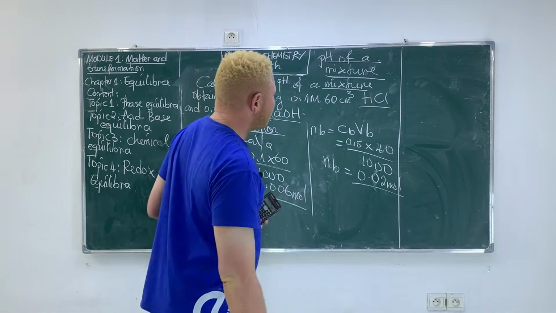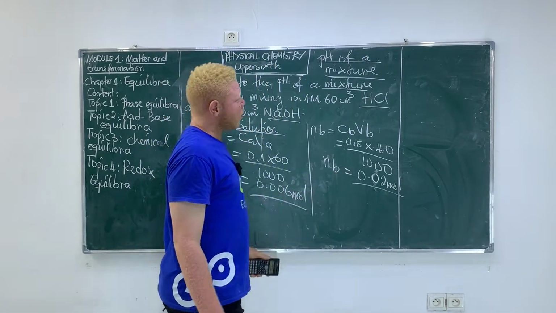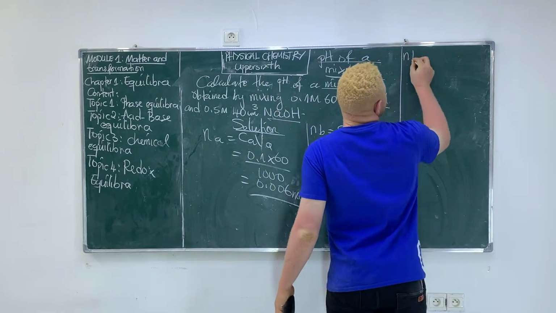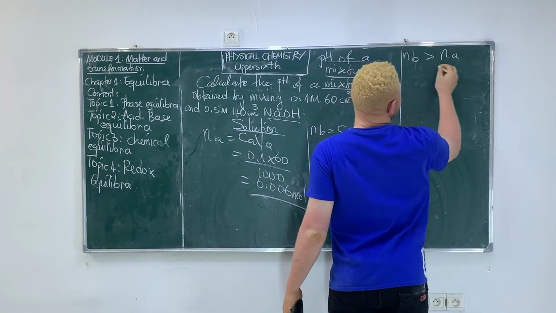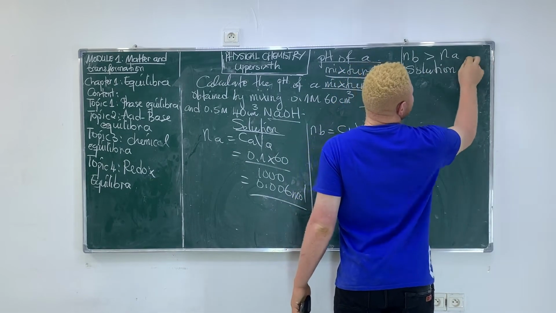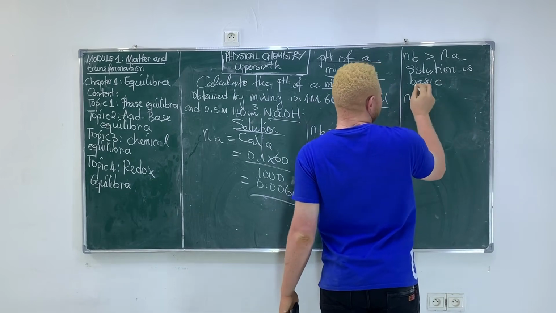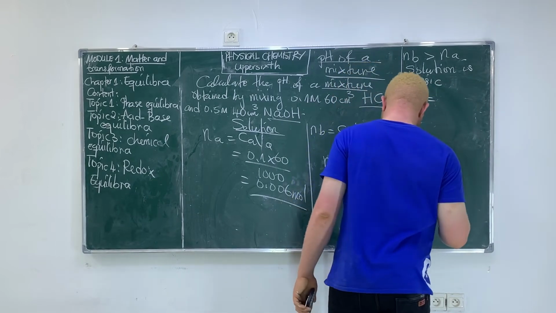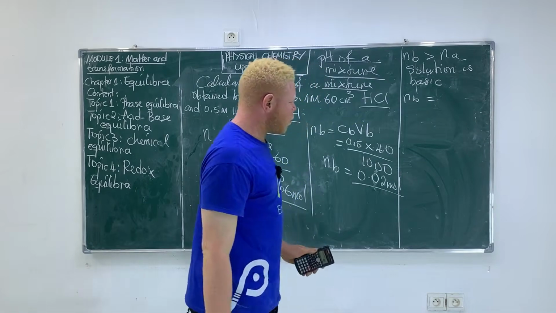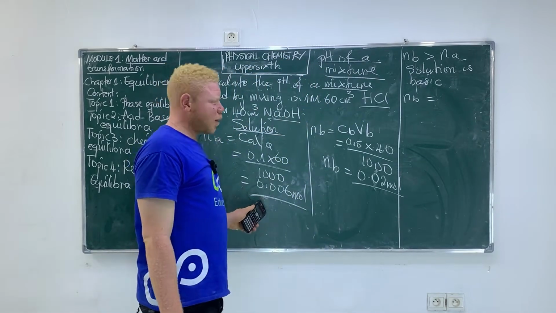We realize that the number of moles of the base is higher than that of the acid, so n base is greater than n acid. The solution is basic. So I'm going to calculate the excess number of moles of the base. The excess number of moles of the base is the number of moles of the base minus the number of moles of the acid.